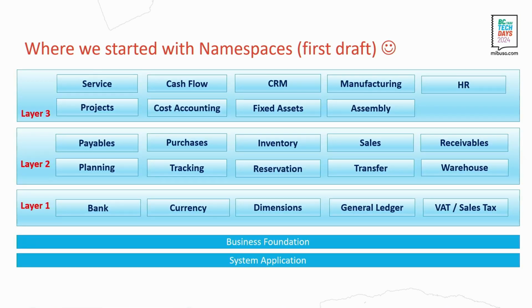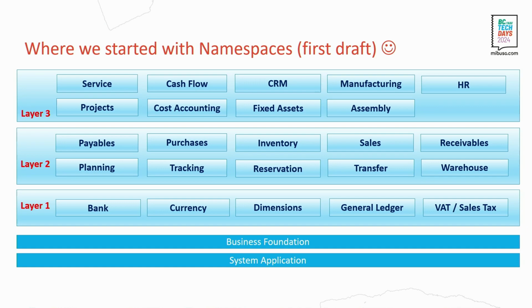So on a second iteration, we decided that we can use our licensing guide and our historical knowledge about our product structure, and we can actually talk about layers. It's quite straightforward. We have general ledger in the very middle of our application.